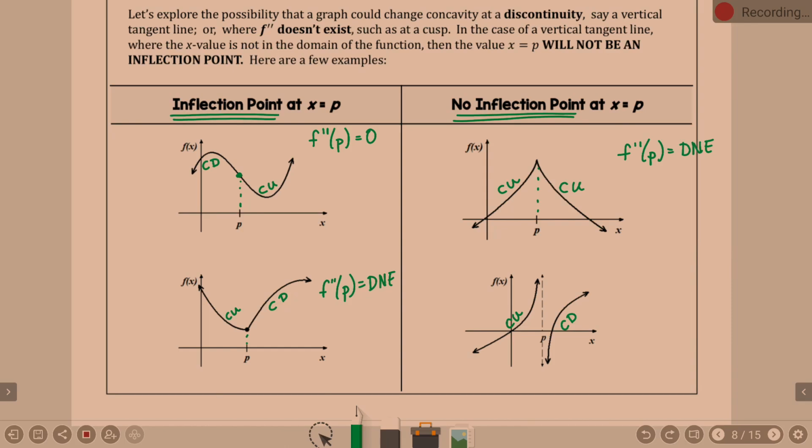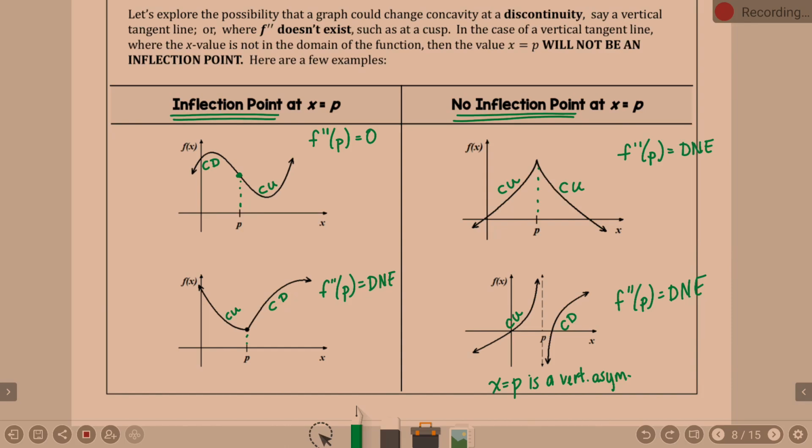Concavity changes, but there's no inflection point because it's a discontinuous graph at point P. The curves are different, but x equals P is a vertical asymptote, and with a vertical asymptote you can't have a point of inflection there. This would be another one where the derivative at P does not exist.